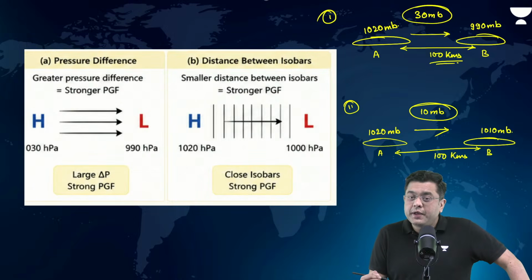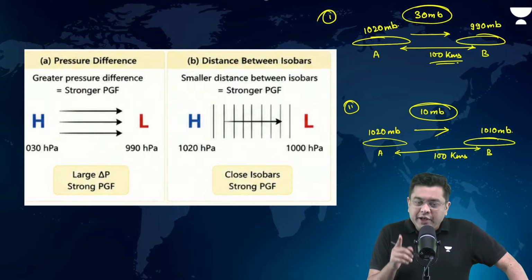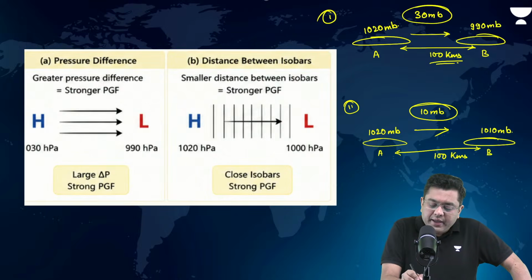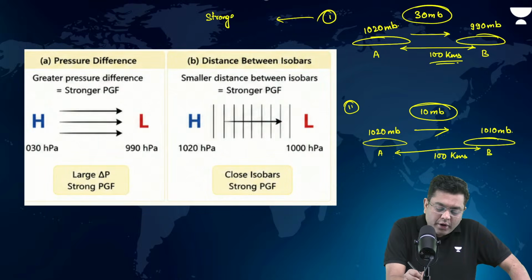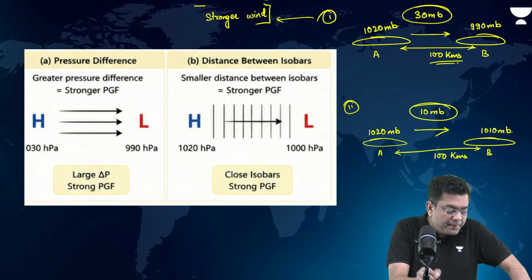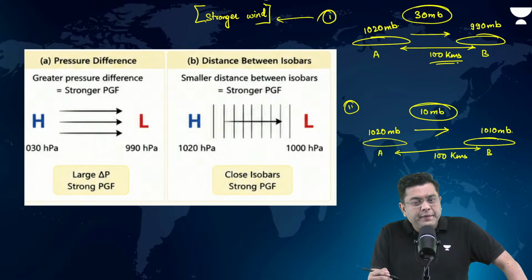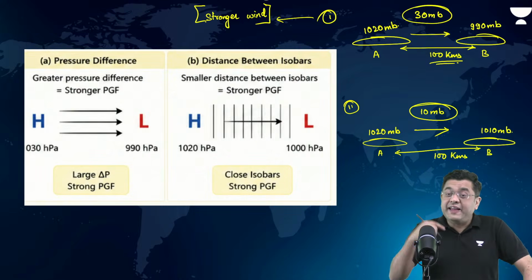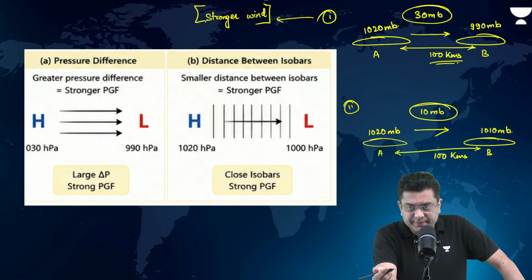Isn't it? So wind will always be stronger in the case of 1. Stronger wind. So this gives me another conclusion, that when the pressure gradient is higher, wind speed is also higher.